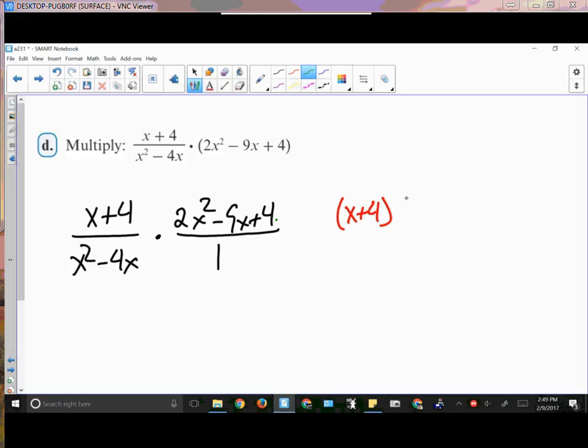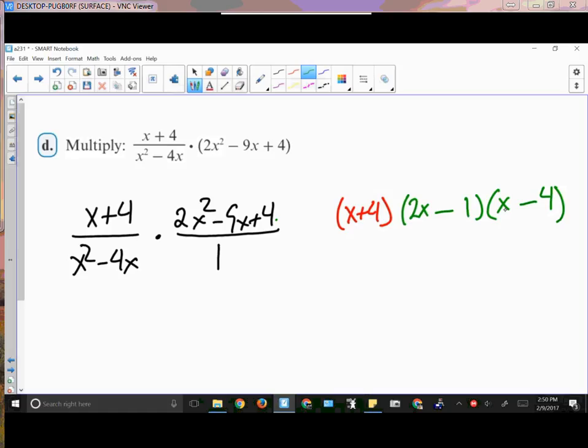We'll have to look at that. So both of these are negatives. And let's see, the only way to get a 2 is to have a 2x and an x. So, I know how I can do this. I could put a 4 here, and I can put a 1 there.